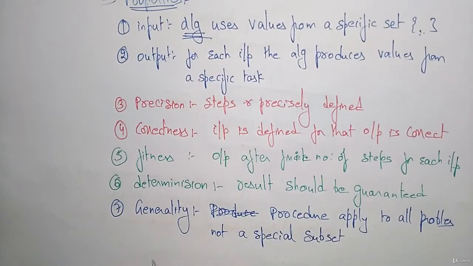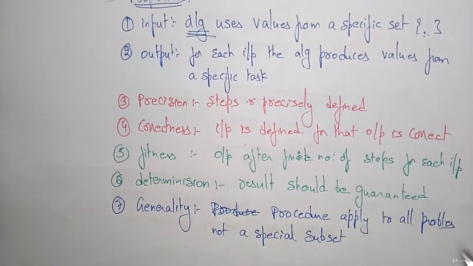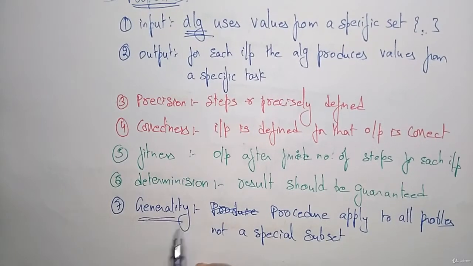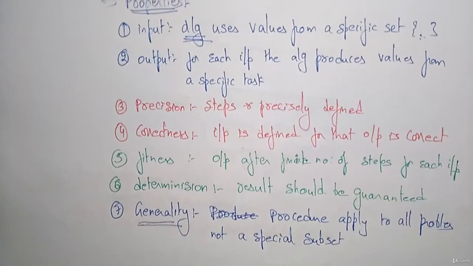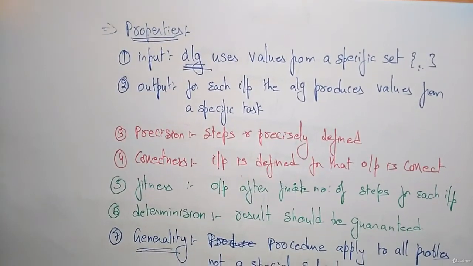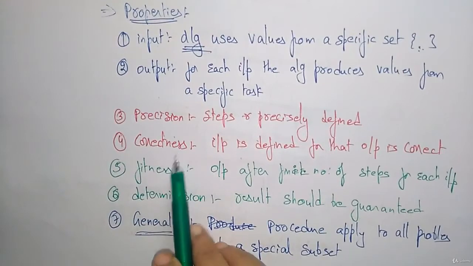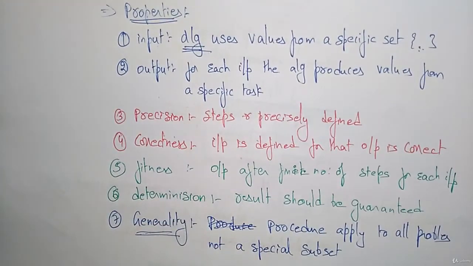Suppose you start the algorithm with one procedure; that procedure continues until the end of your algorithm. The procedure you start with will be applied to all problems in your algorithm, not a special subset. So these are the different properties of algorithms: input, output, precision, correctness, finiteness, determinism and generality.